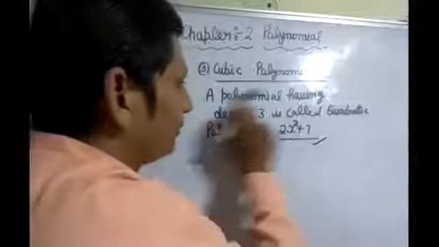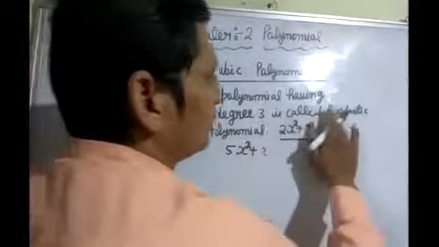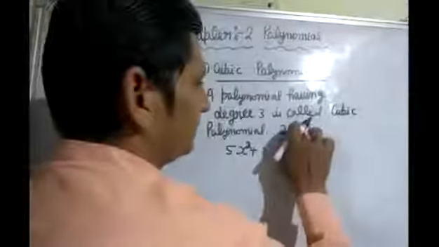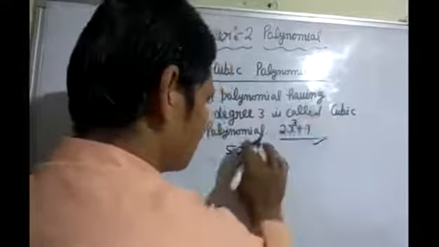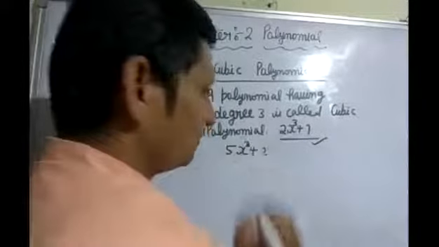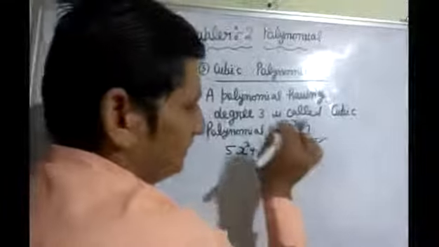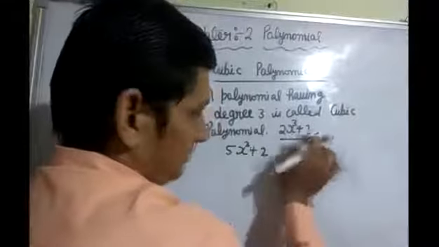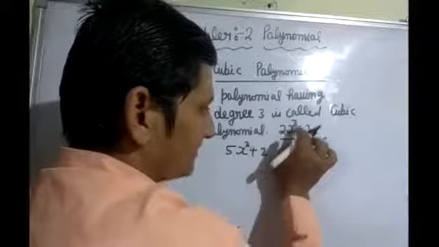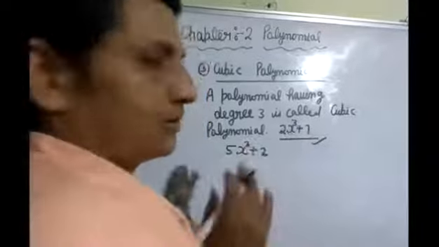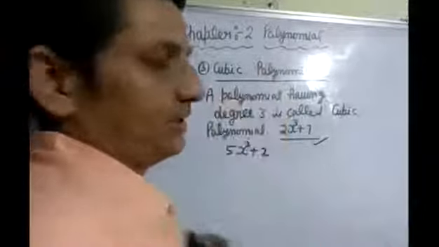For example, 2x³ + 7 and 5x³ + 2. In these expressions, power of x is 3, so this is called cubic polynomial.